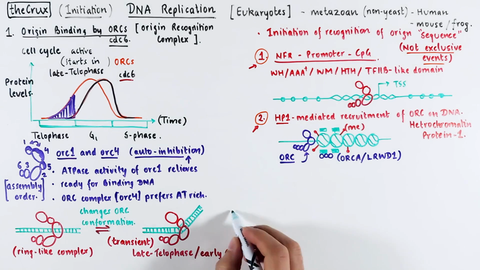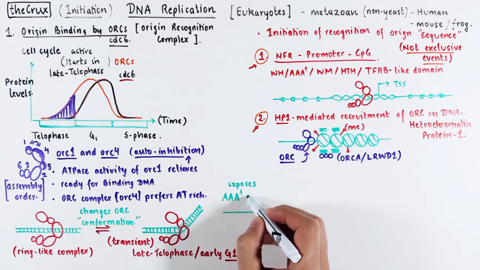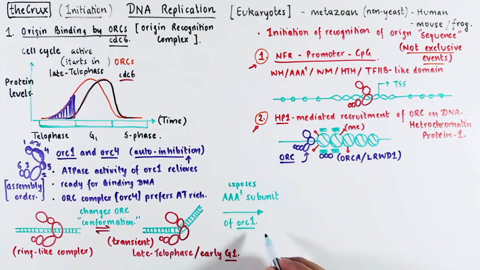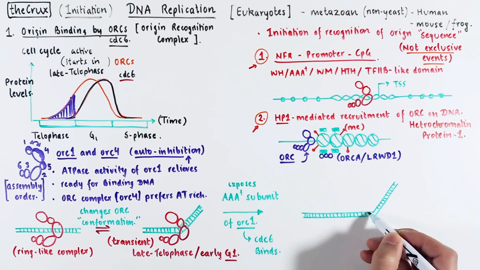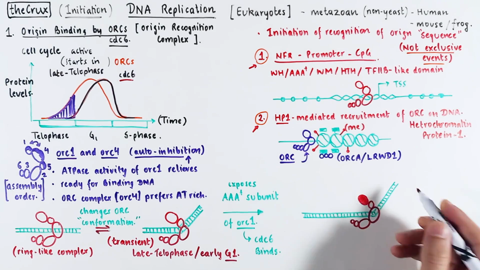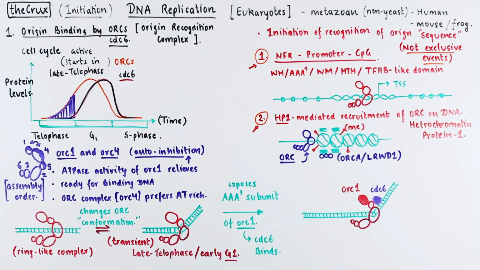The conformational change in the ORC also exposes the AAA+ domains of the ORC1, and this allows cdc6 to bind to it, when it is available, of course, in the G1 phase. And now we get a more stable complex of ORC and cdc6 at the origin, where cdc6 and ORC1 specifically positively regulate each other to maintain physical interaction.